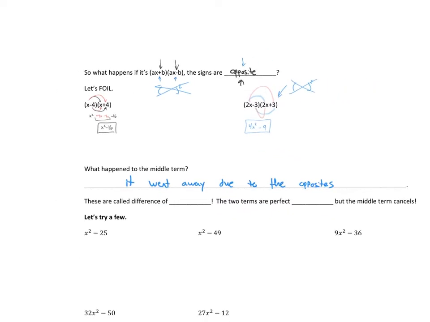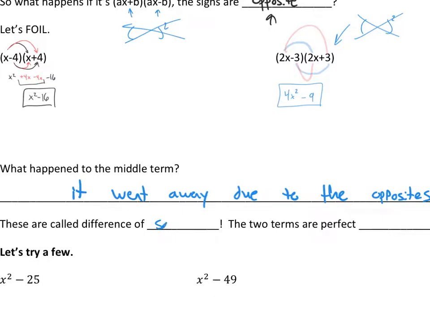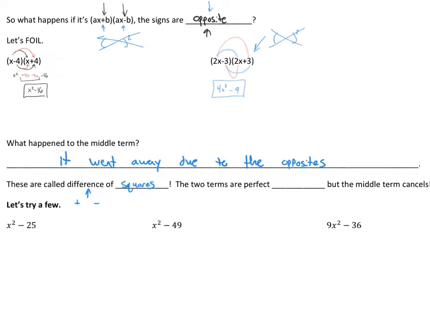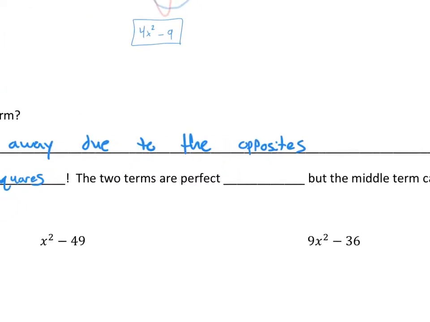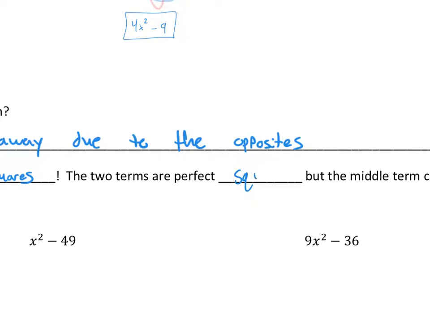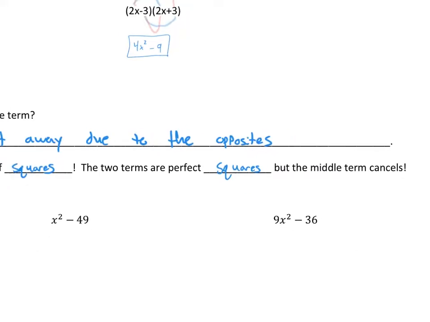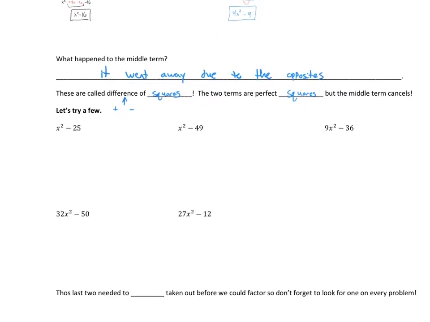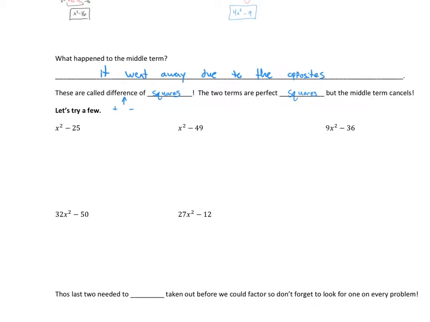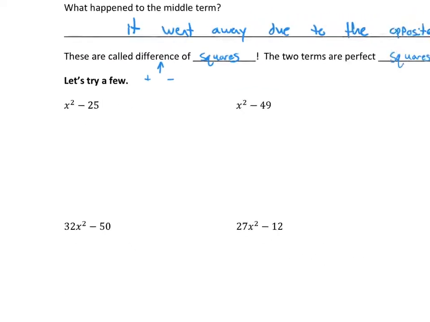All right, these are called the difference of squares because the signs are different. One's positive and one's negative. And it's similar to the other side where the two terms are perfect squares, but the middle term cancels. These are by far the easiest type of factoring to do. You can always identify them because they will be two terms, right?